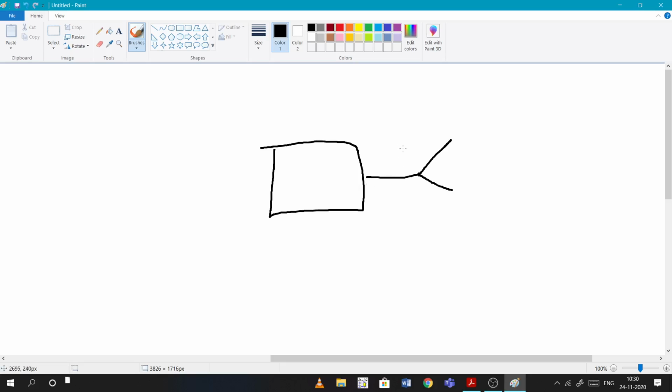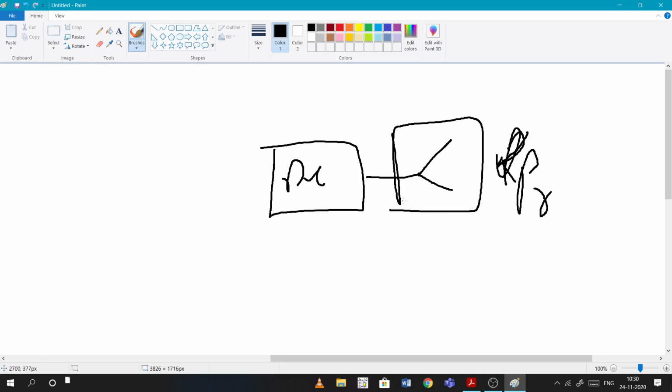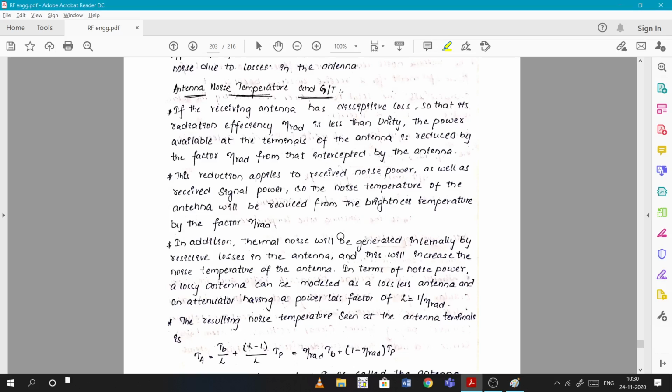When the received power PR is inserted into this antenna, there will be some loss, so I will call it PR dash, which will be less than PR, the same way it happens for a transmitter. So this reduction applies to the receiver as well. The noise temperature of the antenna will be reduced from the brightness temperature by a factor of eta radiated.